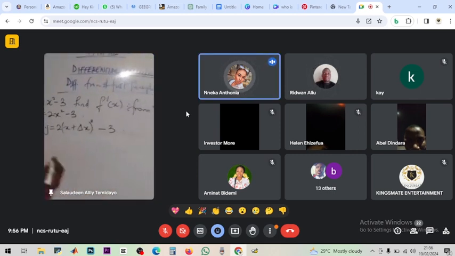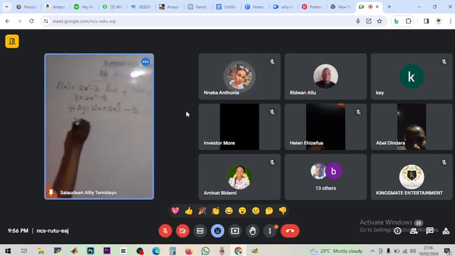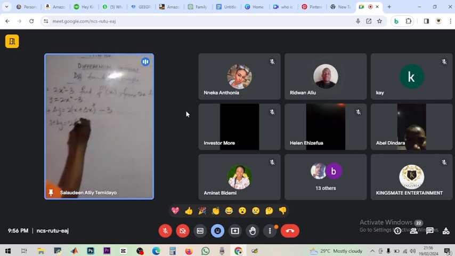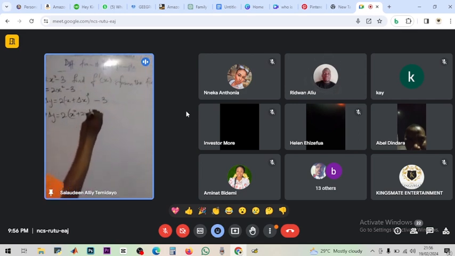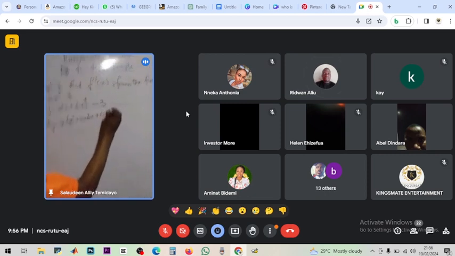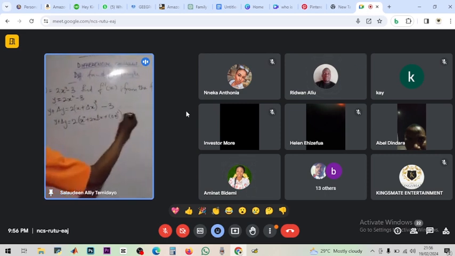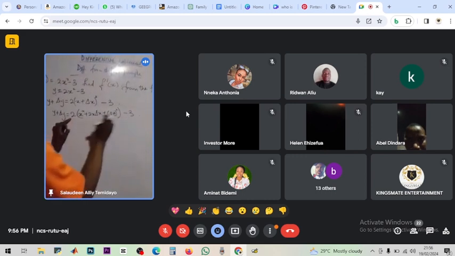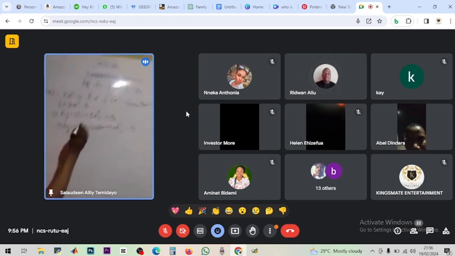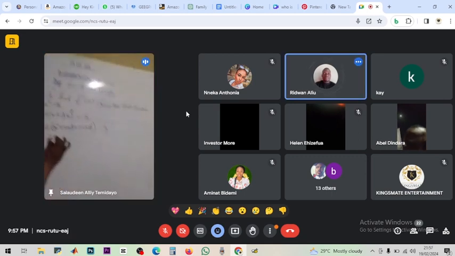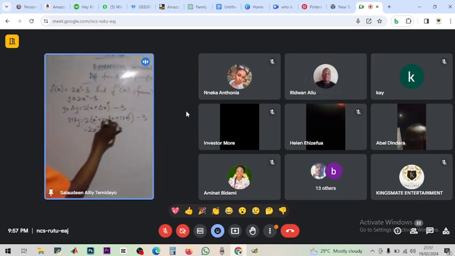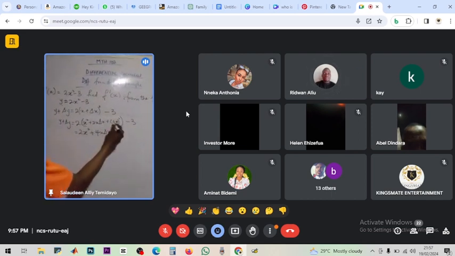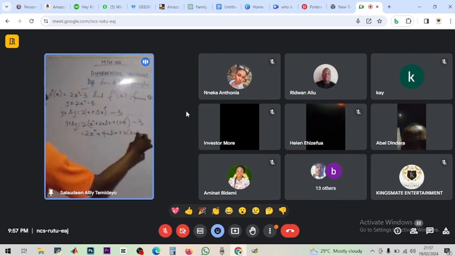So y plus dy equals 2 times, expanding this one now, I'm going to have x squared plus 2x dx plus dx squared, minus this 3 that is here. Don't forget, the 2 is against this bracket, so I must open the bracket. 2 times x squared gives 2x squared. 2 times 2x dx gives 4x dx, and 2 times dx squared gives 2 dx squared.